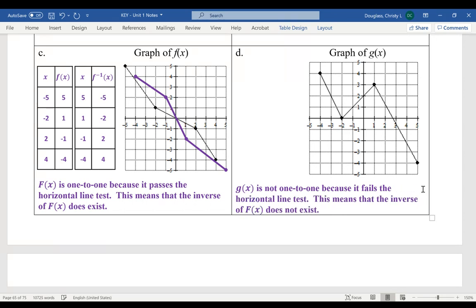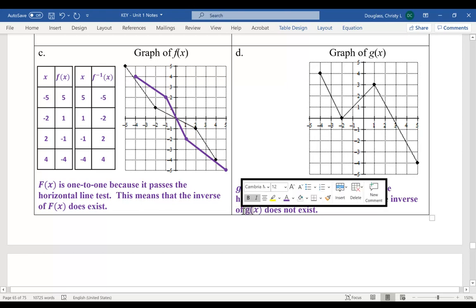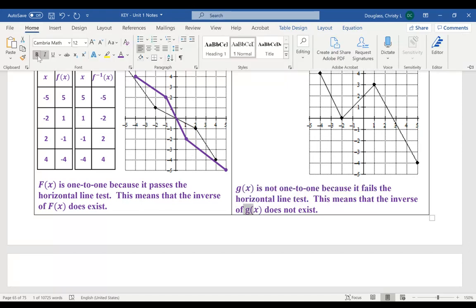If I draw a horizontal line, say at a y value of 2, it would cross the graph of g of x more than once. This means that the inverse of g of x does not exist. And this is g of x, not f of x.